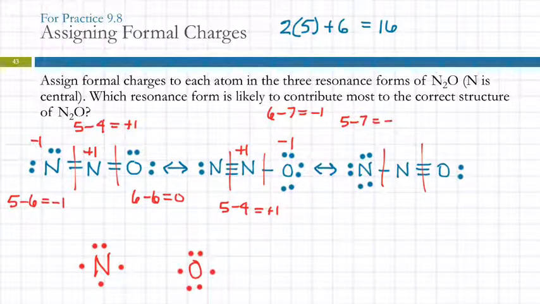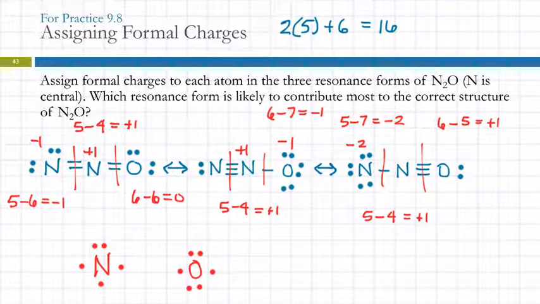So that's a -2. The one in the middle came in with 5, and it's leaving with 4. That's a +1. The oxygen brought 6, and it's leaving with 1, 2, 3, 4, 5. So this one has a -2 formal charge, a +1, and a +1.